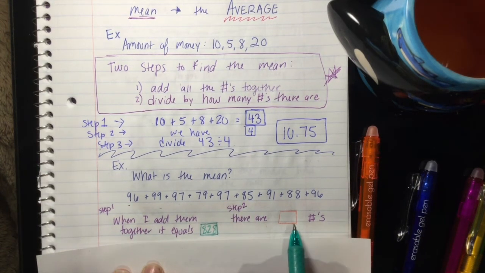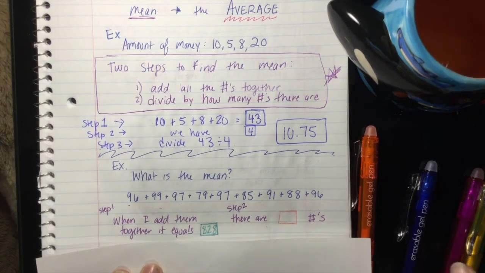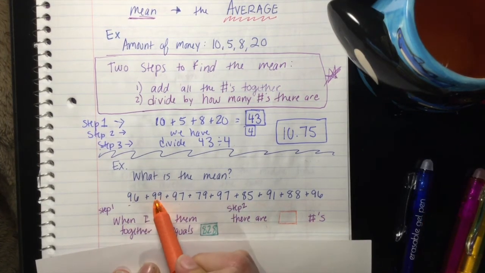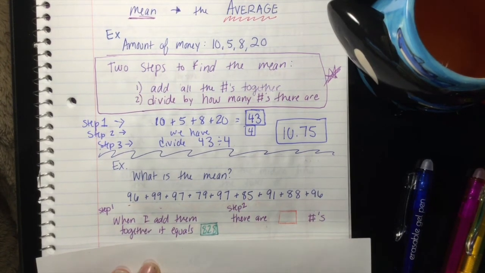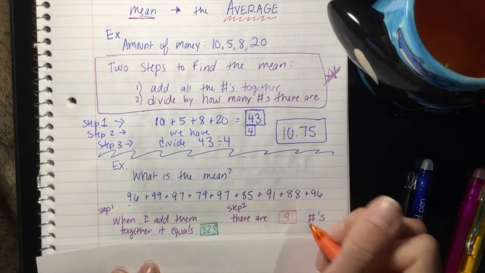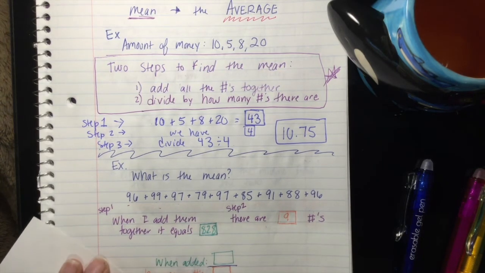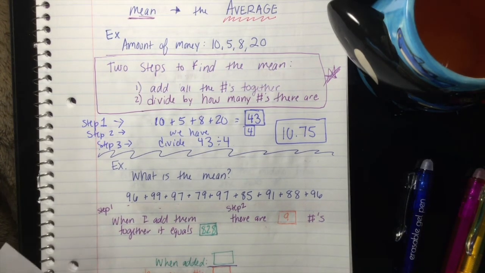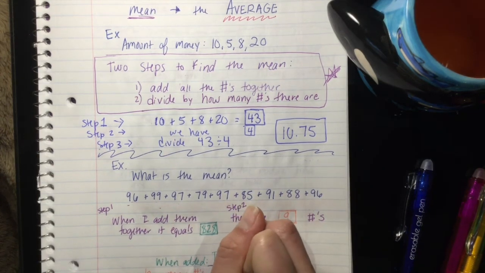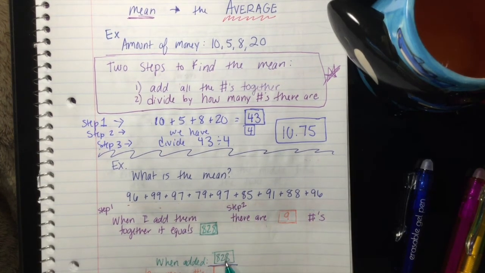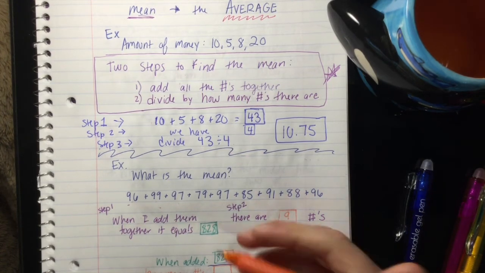And then step 2, how many numbers do we have? We've got 1, 2, 3, 4, 5, 6, 7, 8, 9. So we've got 9 numbers. The numbers when we added them are 828, and how many numbers there are is 9.